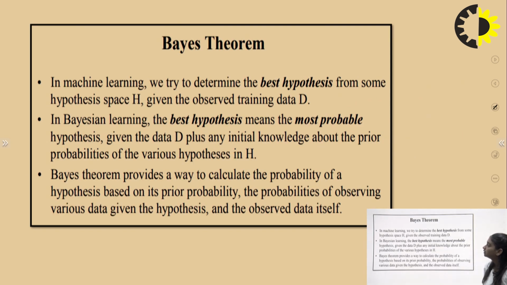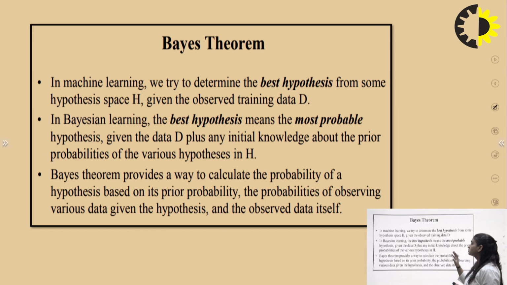Now, if we come to the formal definition or the terminologies, then Bayes theorem. In machine learning, we are using this concept to find out the best hypothesis. Hypotheses are the solutions to the problem, and we are checking the validity of the hypotheses, to see which will be the best hypothesis among all.